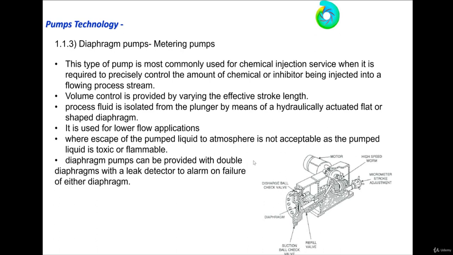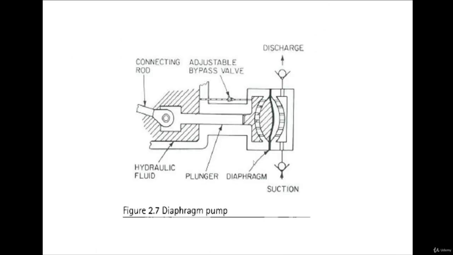So only this pump type has an internal relief valve, so it is not needed to install another external relief valve. The internal relief valve will open if you close the discharge valve. If you close the discharge valve, the pressure will increase, so the internal relief valve will open and relieve this pressure.